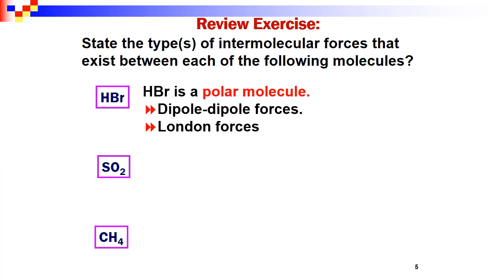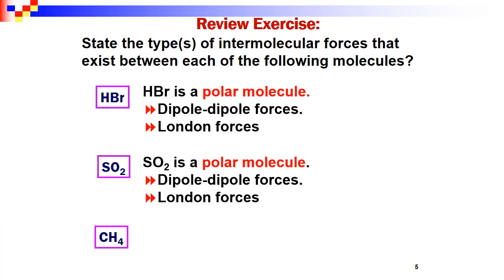Previously, you have learned to predict polarity of molecules, and I suppose SO2 is one of the molecules that you have dealt with before. SO2 is also a polar molecule. So a polar molecule has dipole-dipole as well as London forces.